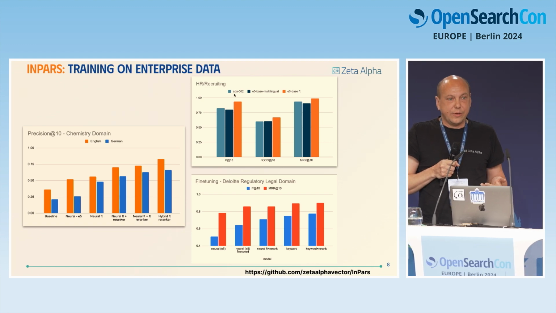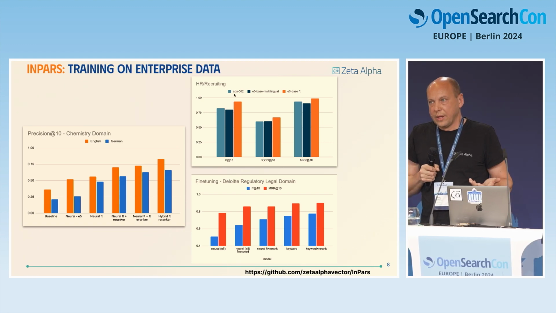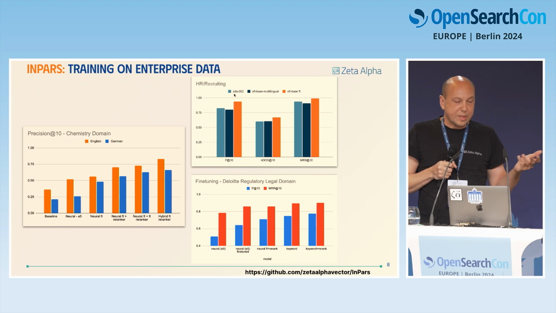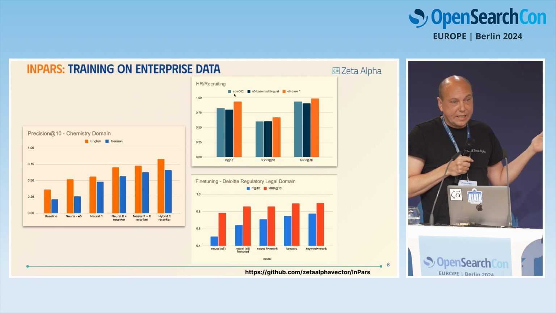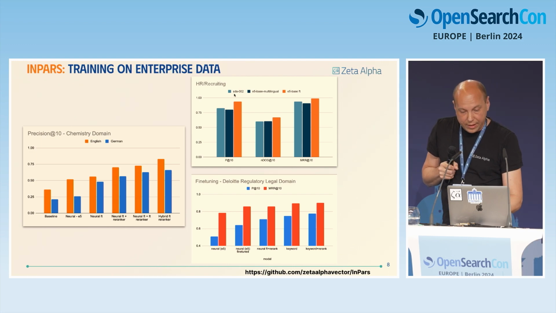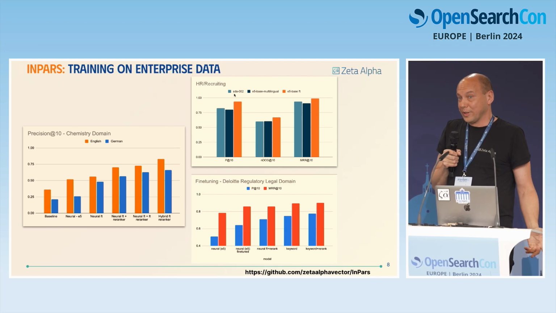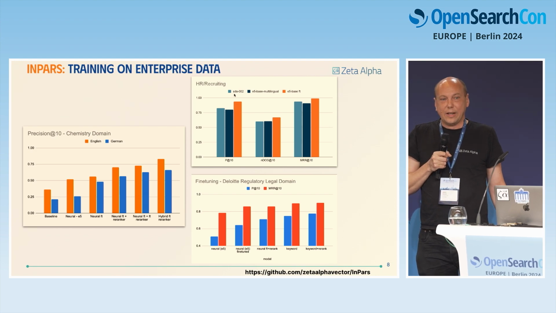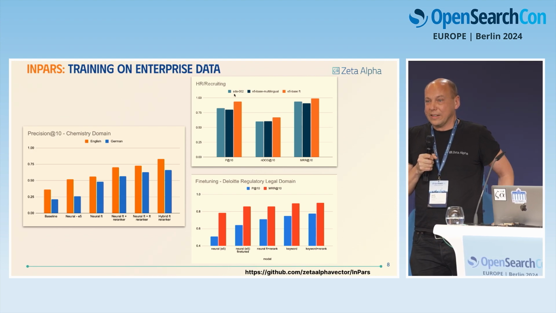And by fine-tuning, you can increase your precision at 10 from something like 30% to almost 80%, adding in some other tricks. So I'd like to hear from you what kind of embeddings you are using and what pros and cons you see in fine-tuning.